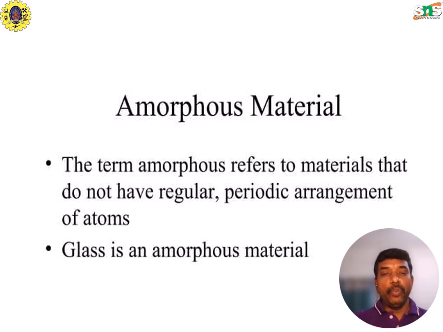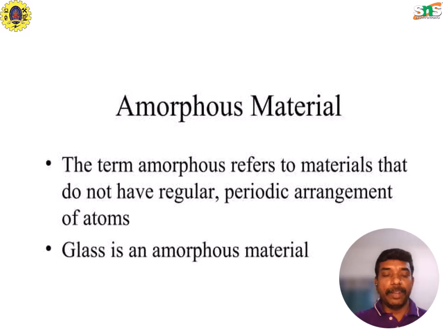But a few materials do not form a pattern in their microstructure. They follow different kinds of patterns. They follow a different kind of arrangement of the atoms in their body. So these materials, which are not classified under the title of crystalline materials, are always called amorphous materials.